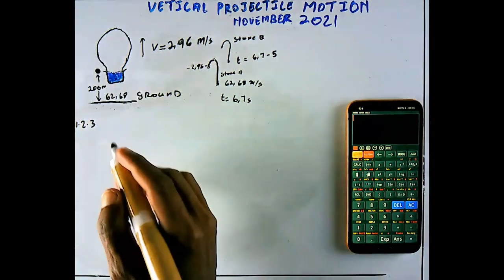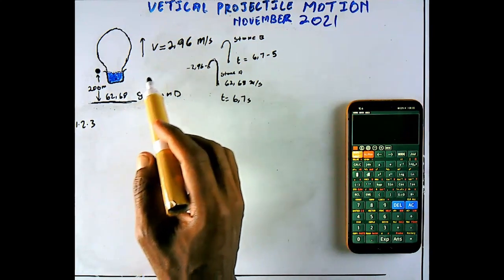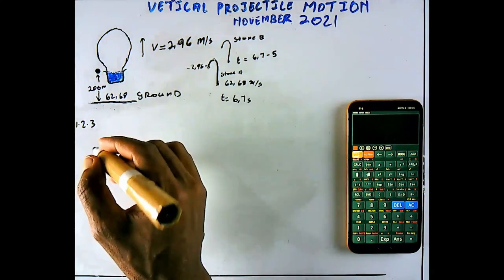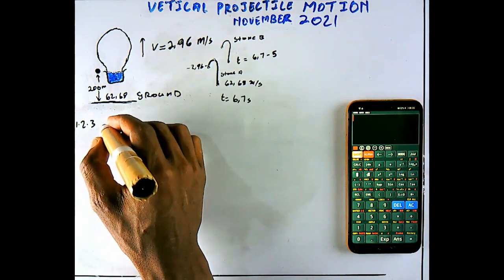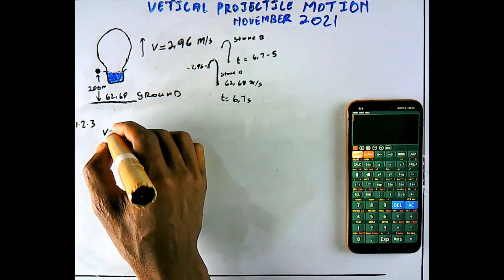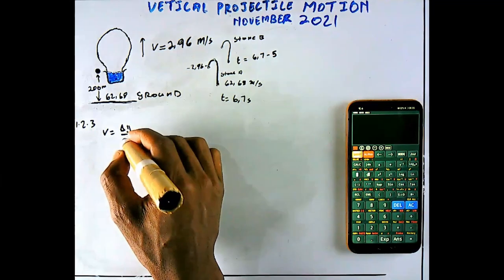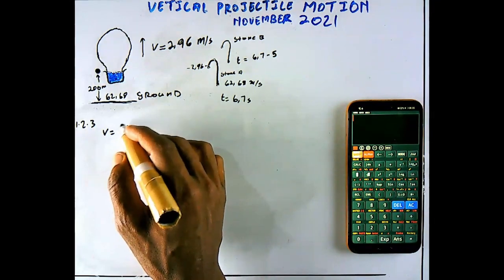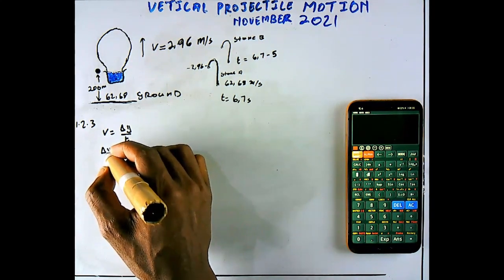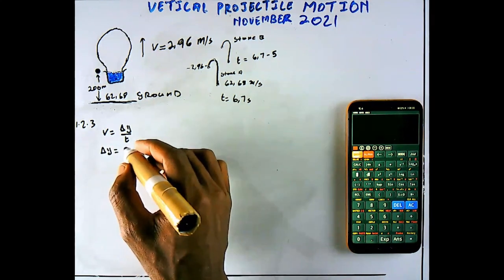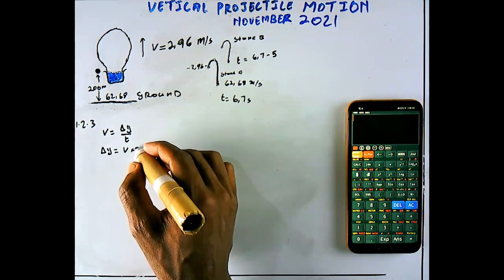So let's start with the hot air balloon, because the hot air balloon moved at a constant speed. So we can use the formula of average velocity, which says average velocity is equal to distance over time, because we are looking for a distance. So we can say the change in position is equal to average velocity, which is constant, multiplied by time.